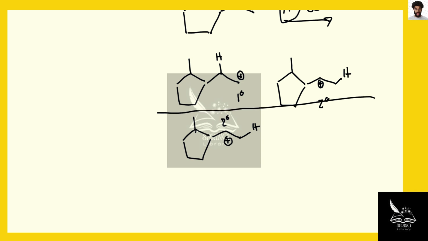Notice that our secondary carbocation neighbors a tertiary carbon, and that this tertiary carbon bears a hydrogen, and whenever we have carbocations that are lower substitution than a neighboring carbon, we'll either see migration of a hydrogen or methyl group to shift the carbocation to the more stable position.